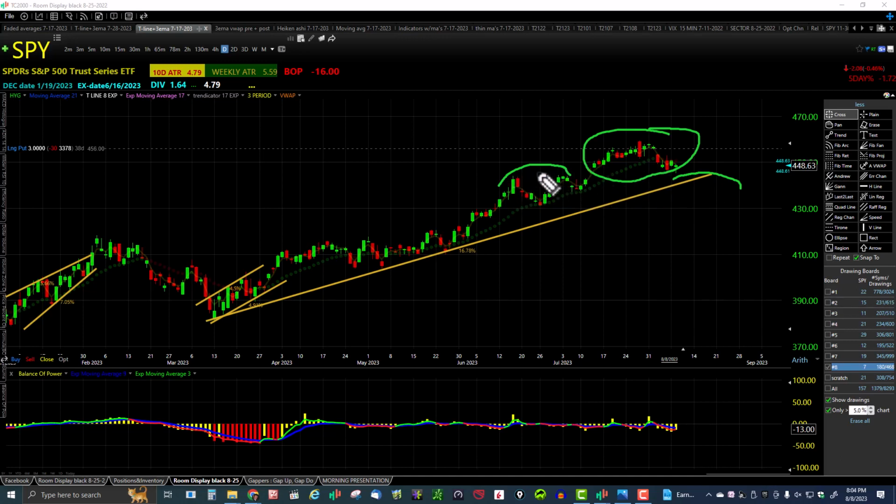I'm seeing a really nice left shoulder, a head that's formed here, and it looks like we're in the process of making the right neckline right here, and then I would look for a right shoulder to form, or maybe a double shoulder with lapels on it right there. So we'll see what happens, but that's what I'm looking for.